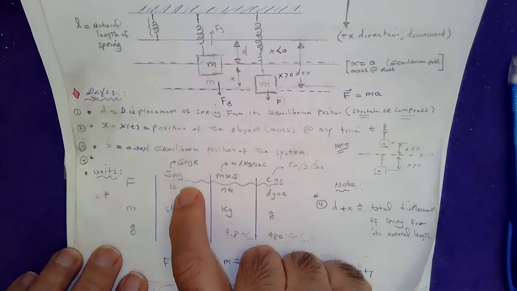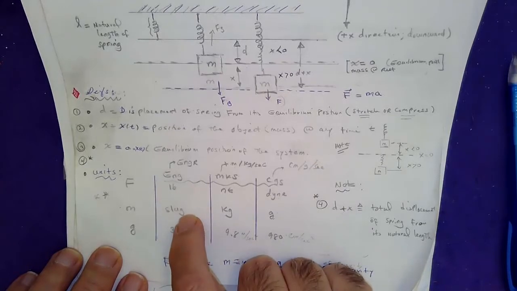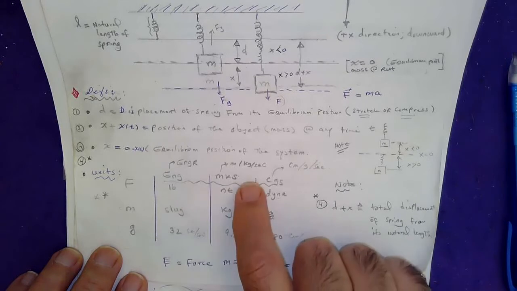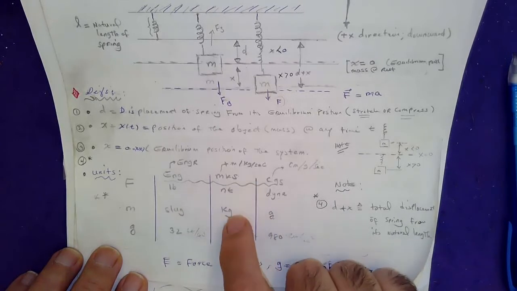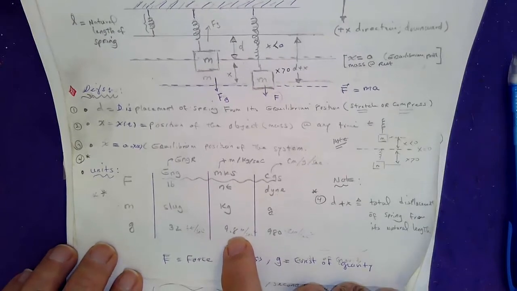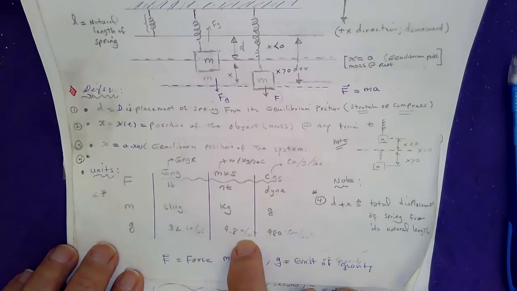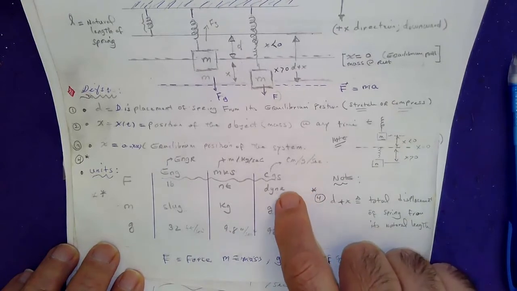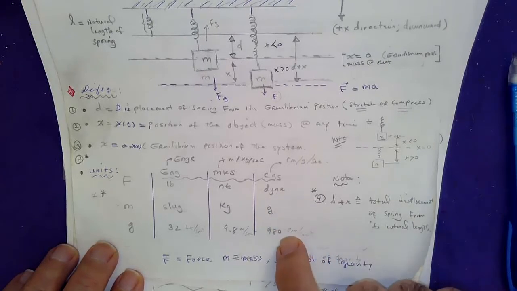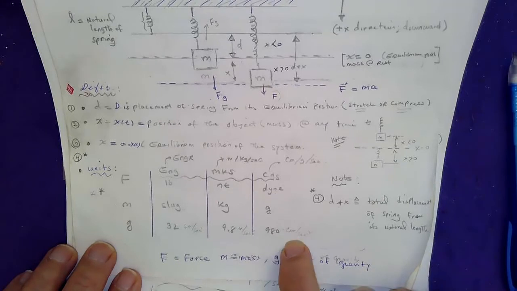If force is in pounds, mass is measured in a slug, that's S-L-U-G, and g is 32 feet per second squared. If force is measured in newtons, mass is in kilograms, and g, the gravity constant, is 9.8 meters per second squared. If F is measured in dynes, mass is in grams, so gravity is 980 centimeters per second squared.